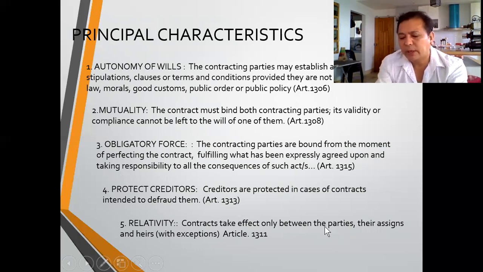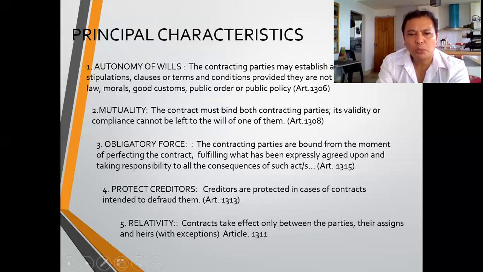So what are the different characteristics of contracts? The first one is autonomy of wills. Autonomy meaning freedom, like the Muslims in Mindanao, they want autonomy.